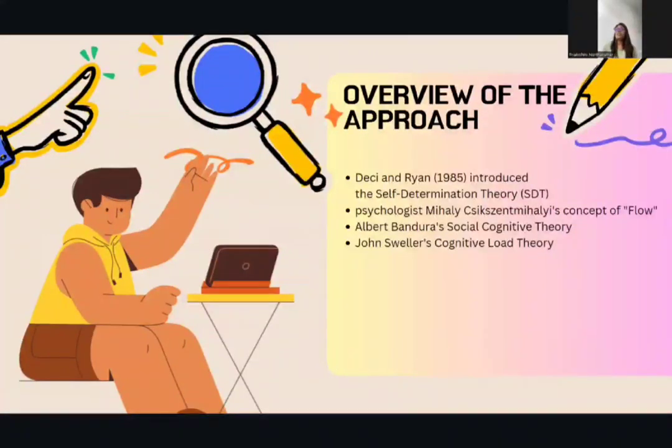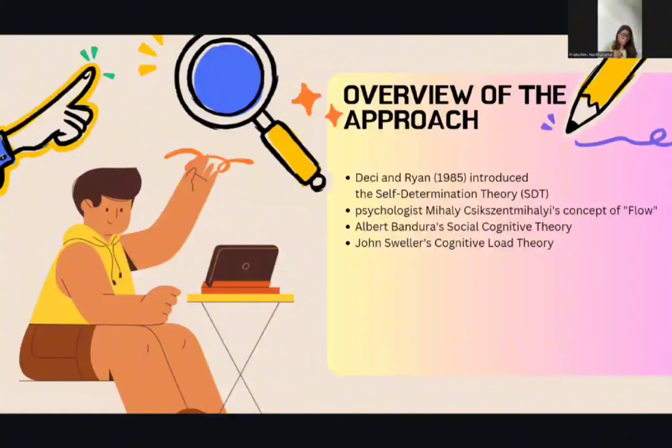Next, moving on to the flow concept, which shows that using Kahoot promotes flow, where students compete with their peers, which makes them focus better in class and in learning. Next is social cognitive theory, which happens by seeing, copying, or modeling other peers when they are about to answer their quizzes or questions in Kahoot.